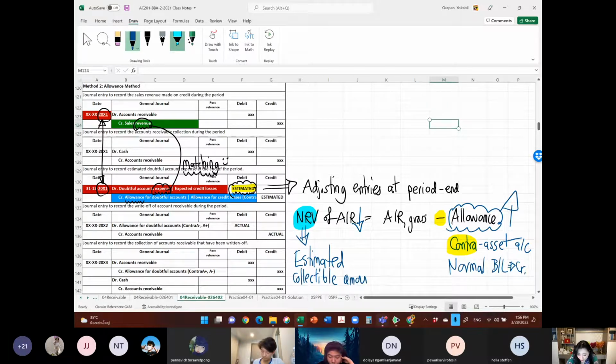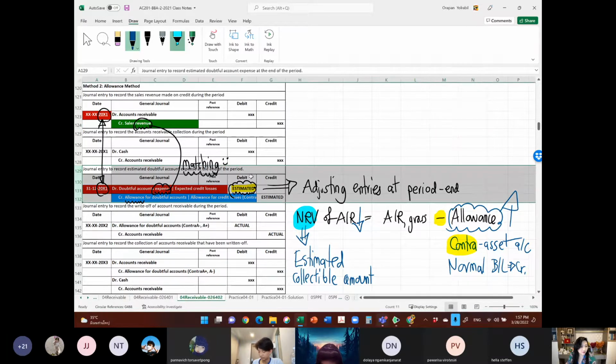So it is the amount that you think you can collect, all right? So this is the net realizable value of the receivable. You take the receivable and then you subtract the allowance out of it, okay? So any questions here for this recording?